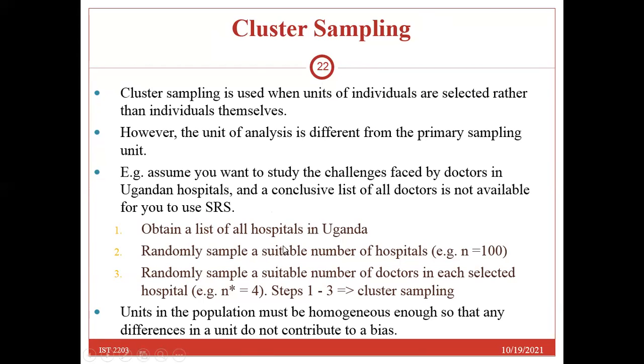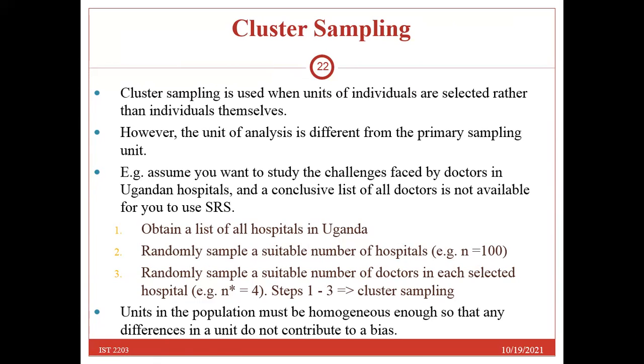You randomly select a number of hospitals, say N. So before you had a big list of hospitals, let's say there are 4,000 hospitals. Then you do random sampling and you select 100 of them. Then from these 100 hospitals, you determine to maybe get four doctors from each, so that you can now make up your total sample.